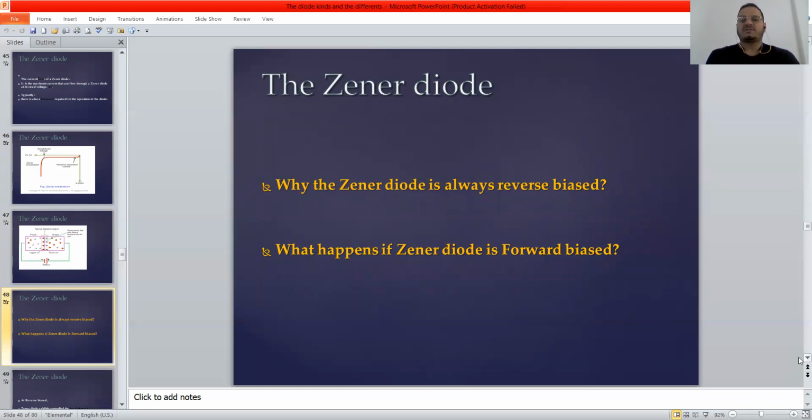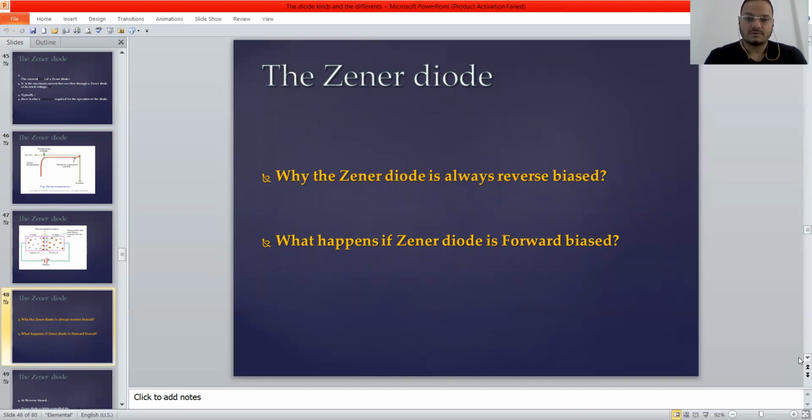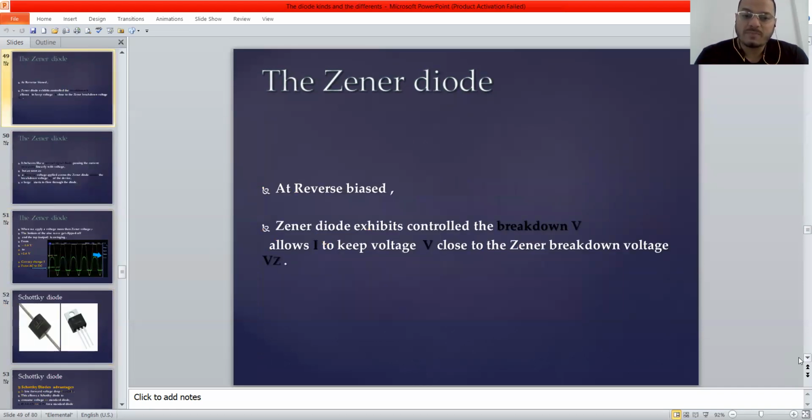What happens if the Zener diode is forward biased? At reverse bias, the Zener diode exhibits a controlled breakdown on the breakdown voltage, and allows current to keep the voltage close to the Zener breakdown voltage.